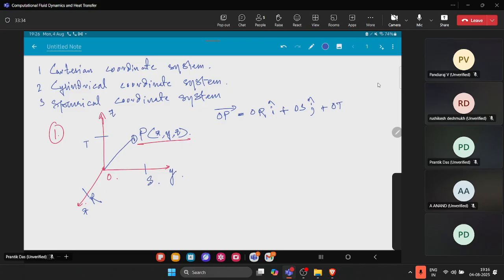So it is x i cap plus y j cap plus z k cap.